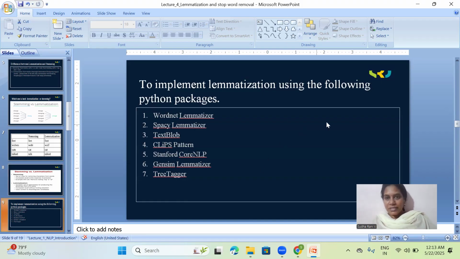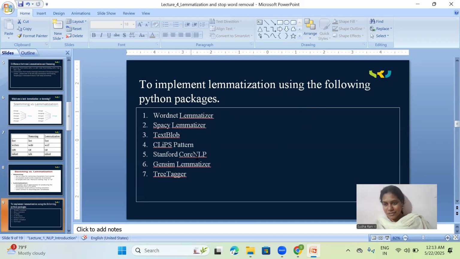To implement lemmatization, we use the following Python packages. We've seen for stemming the Porter stemmer, regular expression stemmer, and Snowball stemmer, which are NLTK toolkit packages we import. Similarly, for lemmatization in Python, these are the packages we use.